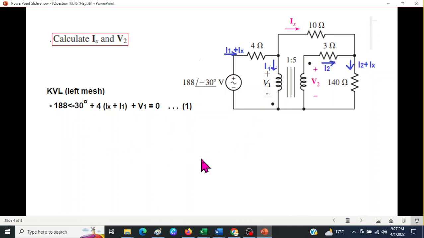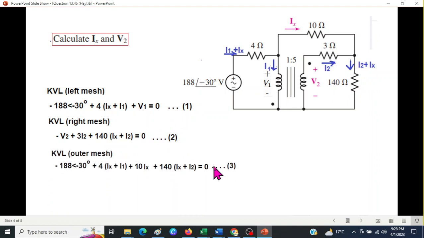This is the left mesh. Similarly, the right mesh is negative V2, 3 I2 and 140 times I2 plus Ix. And the third one, the outer one, starting from here: negative 188, then 4 times I1 plus Ix, then 10 Ix, and then 140 times I2 plus Ix. So this is what we have written.